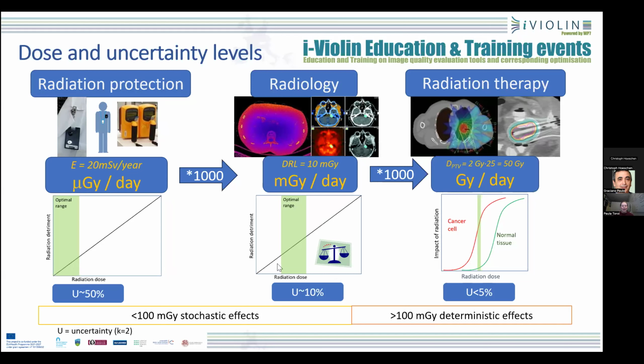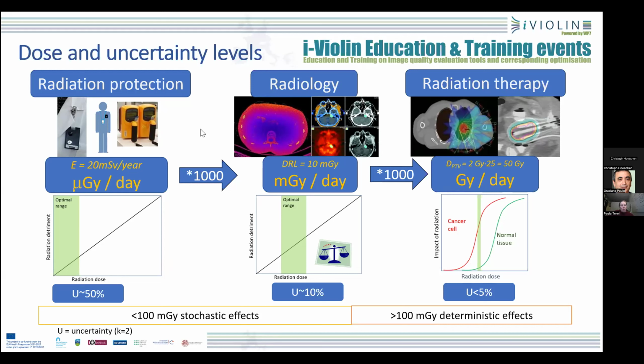This means when we have this linear no-threshold model of the impact of radiation as a function of radiation dose, we normally aim to go as low as reasonably achievable, and we want to minimize the dose of our radiation workers. And because the conditions where we are exposed are not so easy to follow, and there is very big variation, we have to accept quite high uncertainties when we do dosimetry in the field of radiation protection.